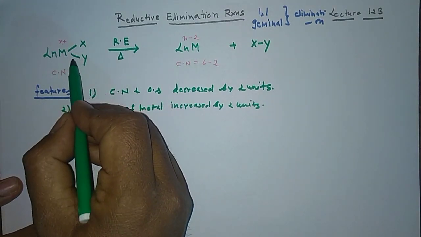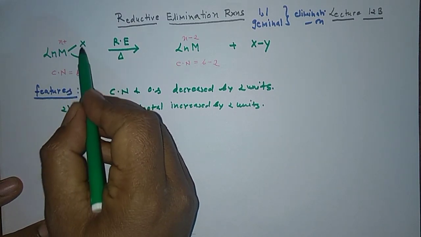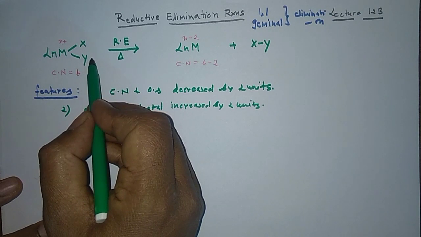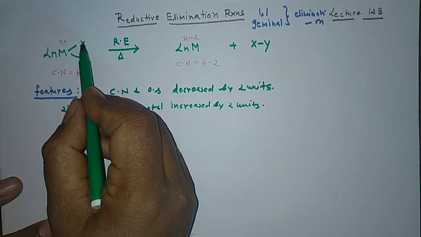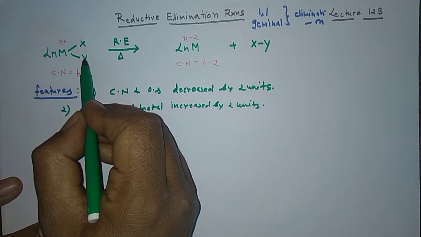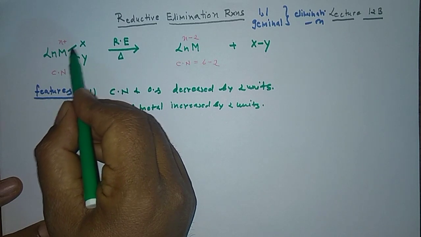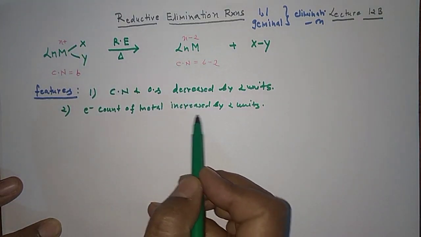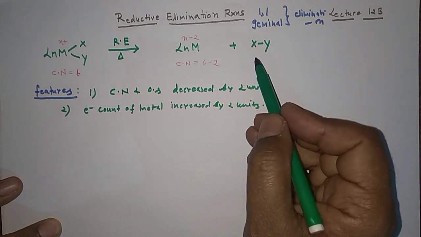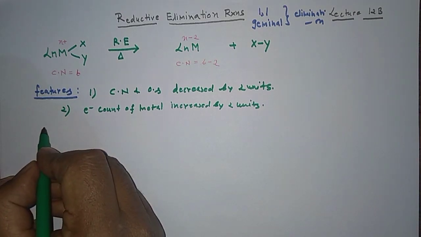One of the electron pairs, either from this or this, depending upon the nature of these groups, if these two are the same, say H and H, then any one pair will go to the metal. If it is, say, CH3 and I, then definitely this CH3 electron pair will go to the metal. So that's why the electron count of the metal increased by 2 units, because this group requires only a pair of electrons. This is something very, very important which you have to keep in mind.